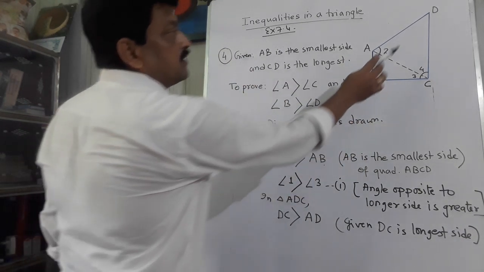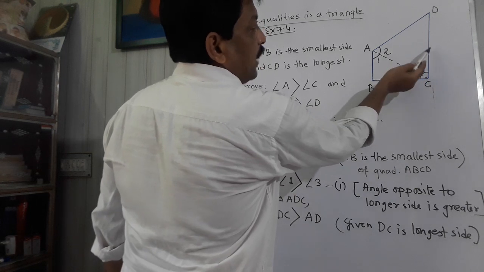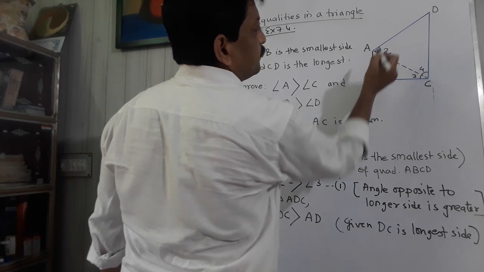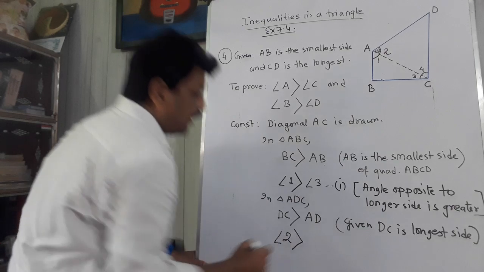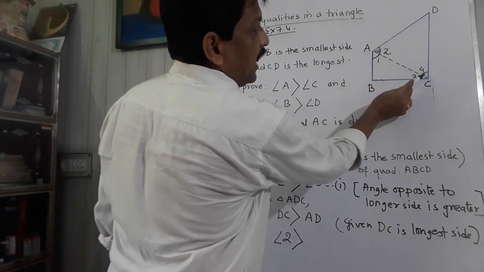Now if DC is greater in triangle ADC, then the angle opposite to DC is angle 2, this angle. And AD is smaller, so the angle opposite to AD is angle 4.